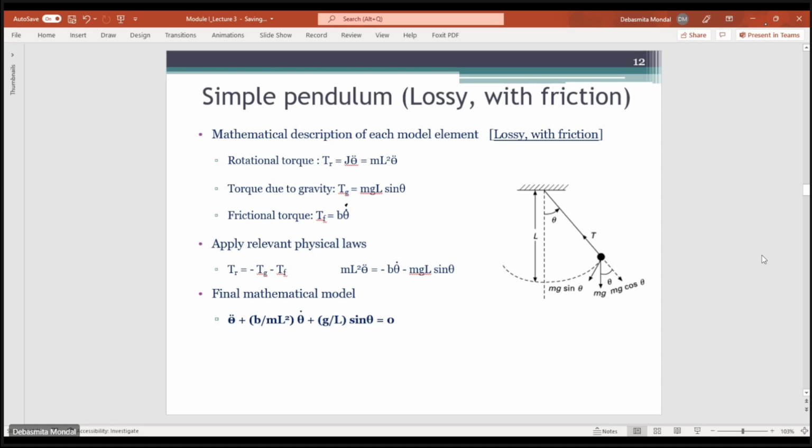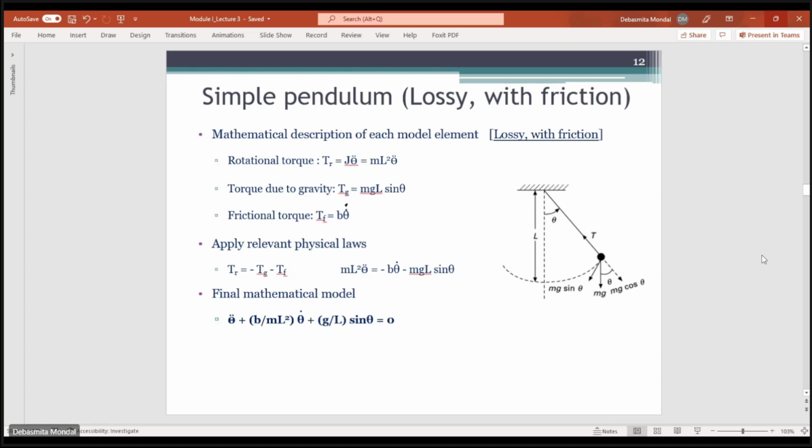One is the frictional torque and the other one is because of this gravitational force. So you can write T_R equals minus T_G minus T_F, and similarly you can substitute these mathematical equations and finally you will get the mathematical differential equation model of a pendulum.